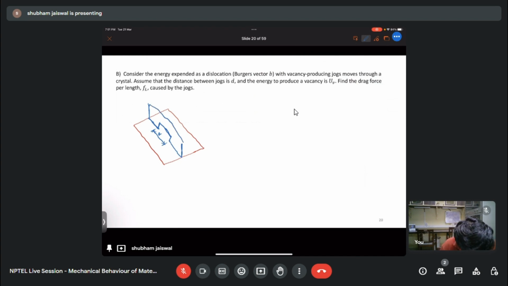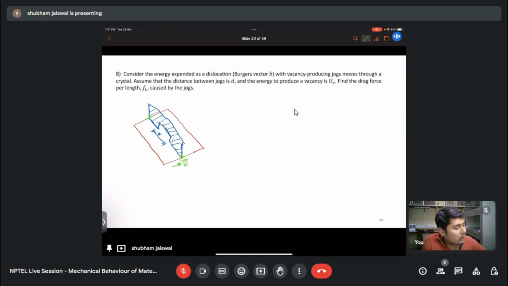This is my plane. Okay. Now try to answer it. And as this is the edge dislocation, this is the direction of Burgers vector. Now try to answer it.